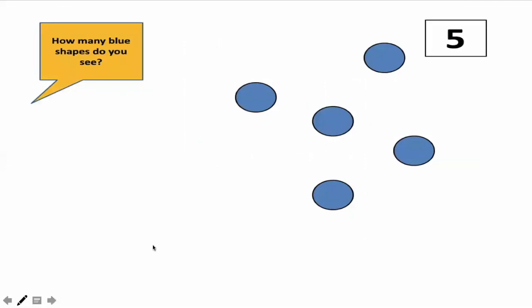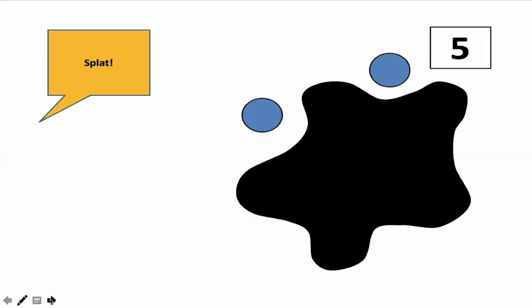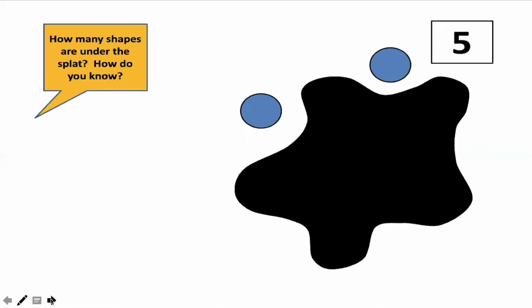And you see that up in the corner, it has the number 5. Then we'll say splat, and some of the dots will be covered up. And we have some on the outside of the splat. So now, how many shapes are under the splat, and how do you know?